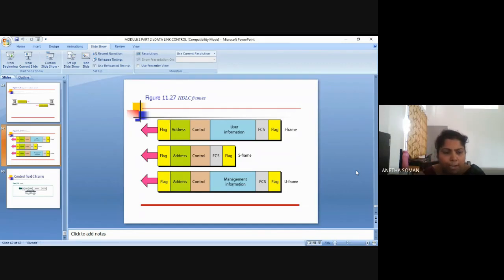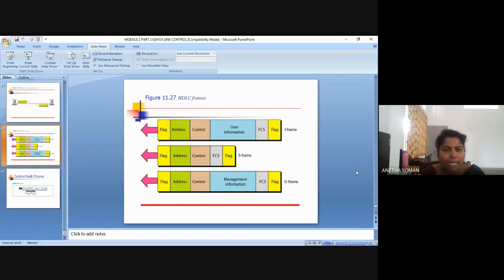So supervisory frames are used to transport control information, primarily for data link layer flow and error control. The third frame is called the U frame or the unnumbered frame, meant for system management. If you want to transport some management information, you make use of the U frame. It is intended only for managing the link. So these are the three different types of frames: I frame, S frame and U frame.